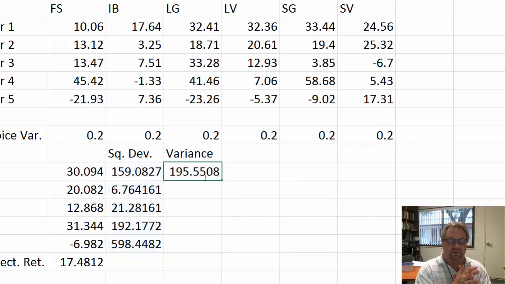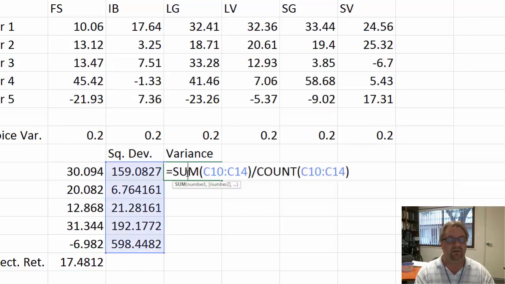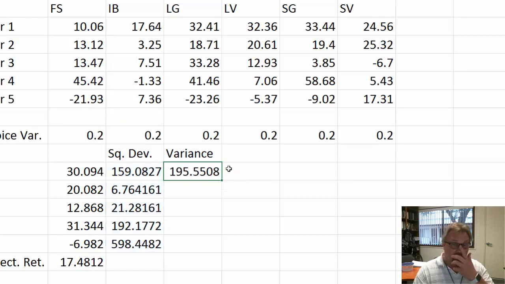Okay, so here we go. So I've got my expected return for the next year, assuming that these returns are equally likely. And then based off of that, I calculated the variance of my portfolio. All right.